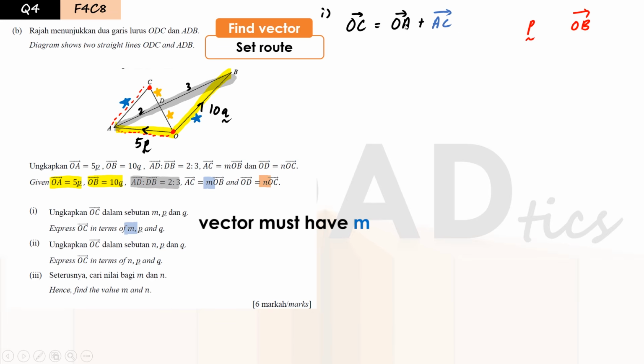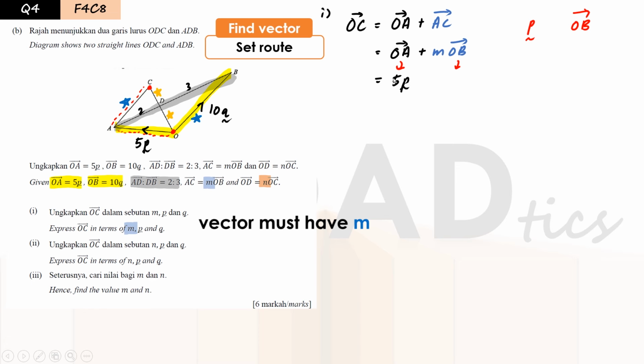Alright, so coming back here, for the OA, I'm going to remake it as OA first, and the AC, I'm going to change to M OB. So OA we have the vector already, which is 5p, but how about OB? OB I think we already have because it's given here, 10q. So for both of the vectors here, I am going to change their forms together.